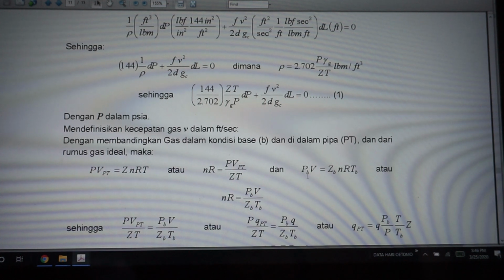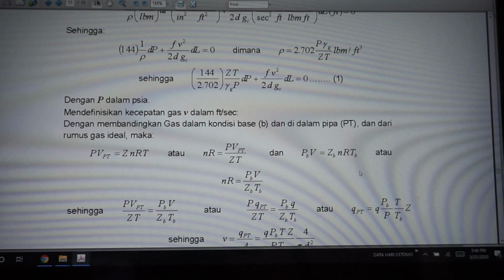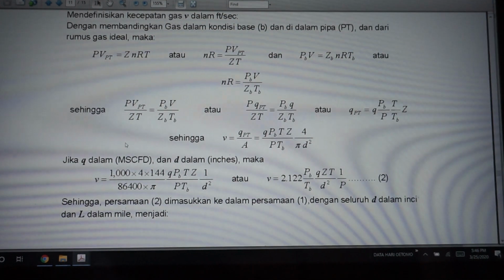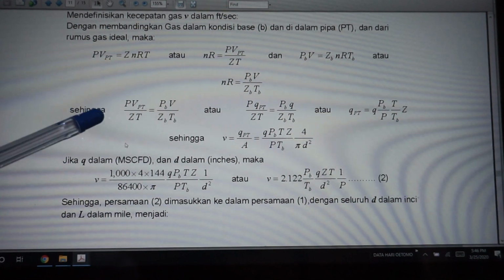So if we talk about P base, okay, V on the surface and Z base, etc. And then remember that NR becomes this one. So this NR is the same as this NR. So we end up with this equation.